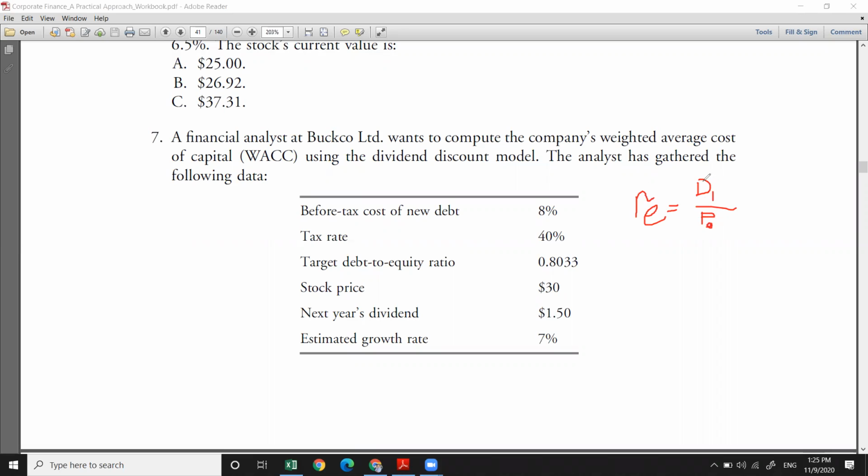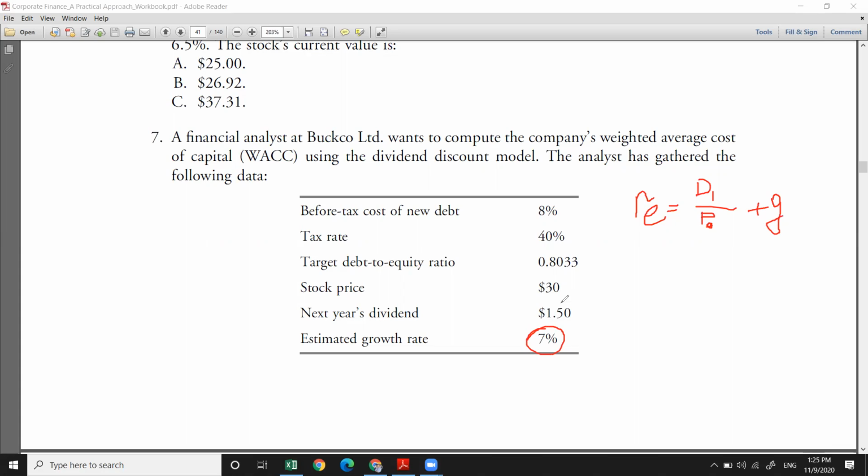If this D1 is given, fine; if it's not given, you're going to get it through the D0, if the D0 is given. In this question, is D1 given or D0? D1. Okay, then we don't need to calculate. G is given. Estimated growth rate is 7%. Okay, it's given. We don't need to calculate.